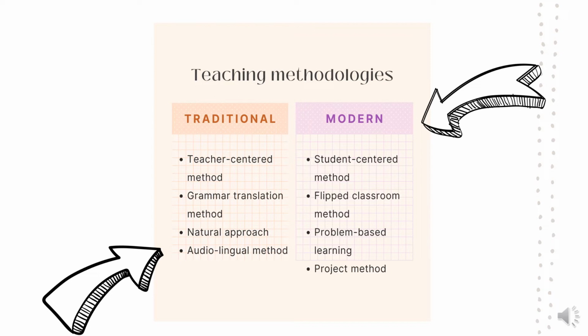Also, we have total physical response, and we know that that's performed through aids. And also Suggestopedia. It's a very interesting one because it uses music to help the student learn.